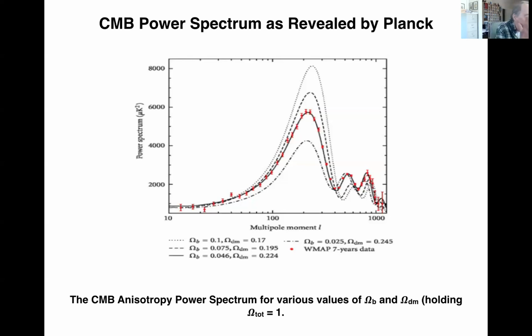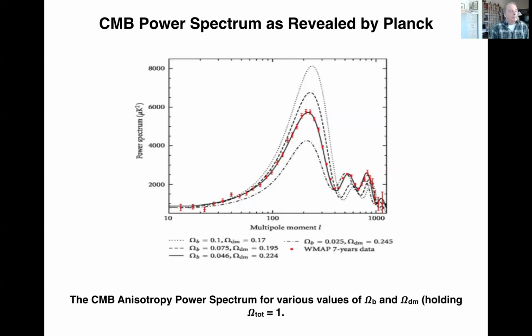if you were, say, to assume that the universe had a greater percentage of baryons than, say, 4.6%, then the first peak would be high. The difference between the first peak and the second peak would be greater than you experimentally determined. And if the baryon concentration were smaller, then the difference between the height of the first peak and the second peak would be smaller.